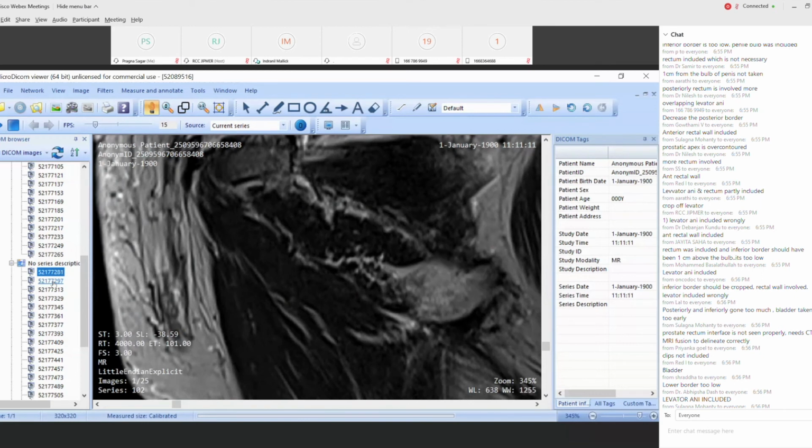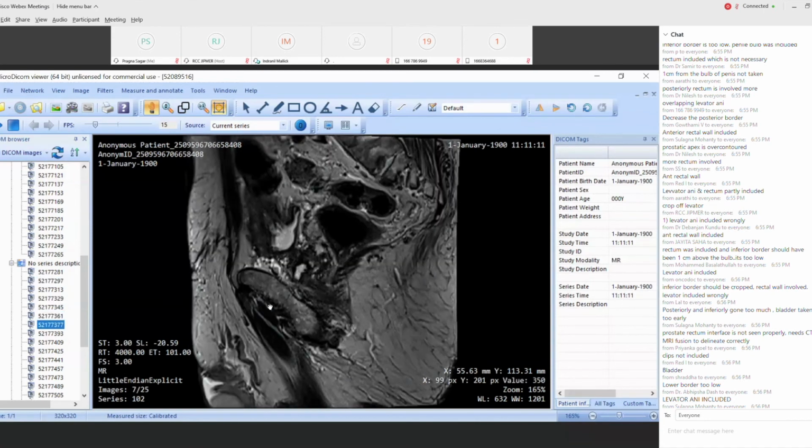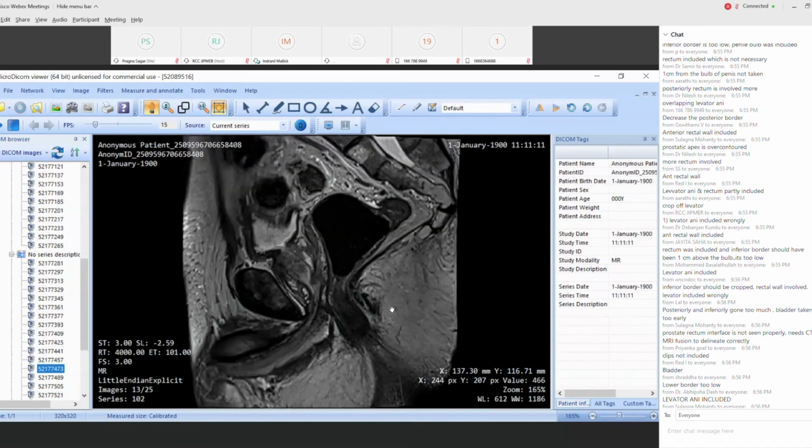Regarding the penile bulb, there was a query: can you demonstrate the penile bulb on transverse and sagittal sections and explain the relation of the penile bulb with respect to the apex of the prostate? If you can appreciate over here, this is the prostate gland below the bladder, and this is the penile bulb at the bottom, the white part, and you can see the urethra going inside the corpora over here.